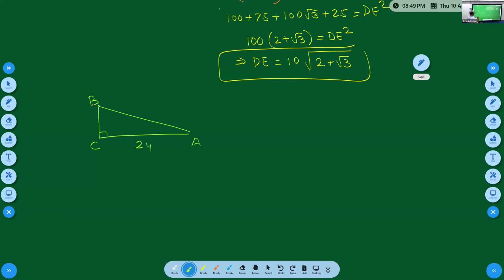The incircle touches BC, CA, AB at D, E, F. BC touches at D, CA touches at E, and it touches AB at F. If the inradius is 3, find BD.